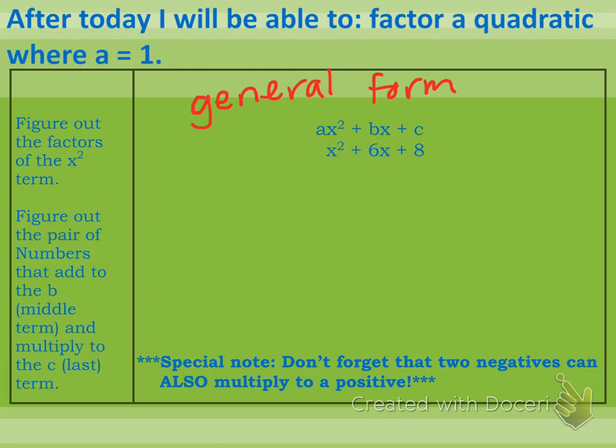When we look at them, a is going to be a number, b is going to be a number, c is going to be a number. Now, when I look down at this quadratic, a is 1, b is 6, and c is 8. That's going to come in handy when we start talking about these.